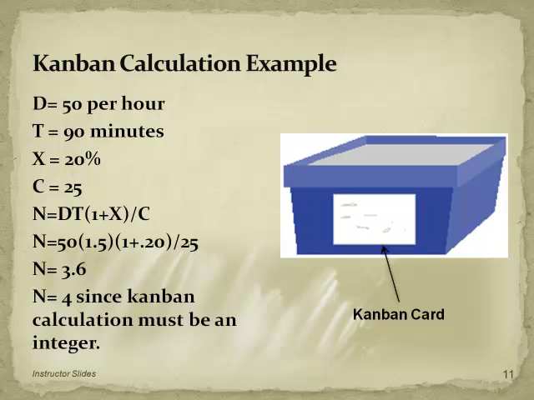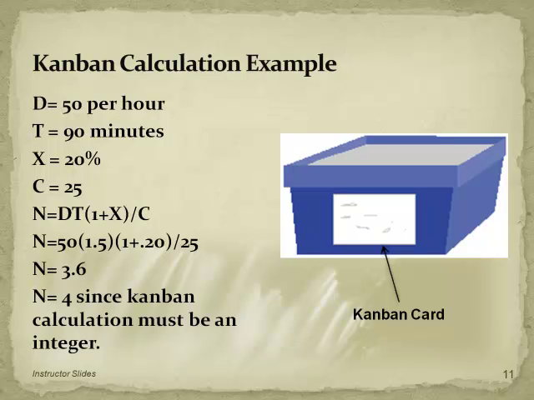So 50 per hour, we have to convert the replenishment time to hours. 90 minutes is 1.5 hours, so we've got that into the same unit of time measure. So in our formula, we'll use the number 1.5 for that. Our safety stock is 20%, so that's 0.2.